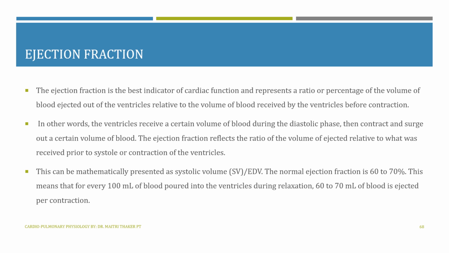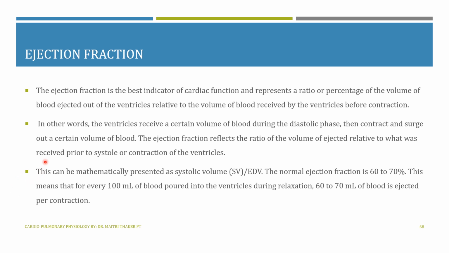It is the best indicator of cardiac function and represents a ratio or percentage of the volume of blood that is ejected out of the ventricles relative to the volume of blood received by the ventricles. Whatever blood the ventricles receive, they will not push out the entire amount, so some blood will remain in the ventricles.